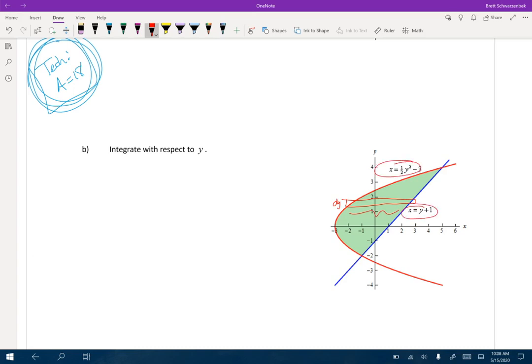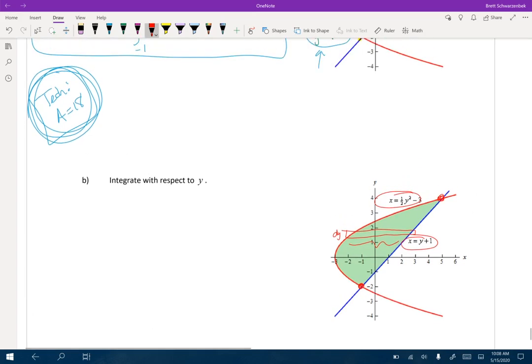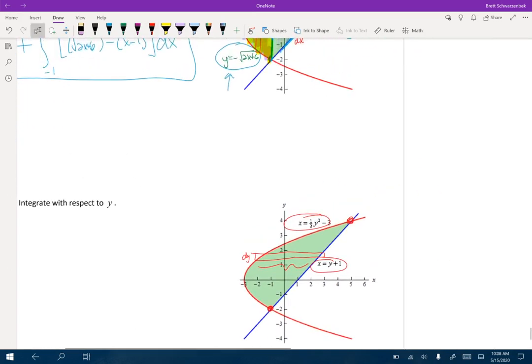What are we spreading this over? Well, again, these are where we intersect, right? So if we're looking at this from this point of view, we'd be setting 1/2 y squared minus 3 equal to y plus 1. 1/2 y squared, bring the y over here, bring the 3 over, minus 4.